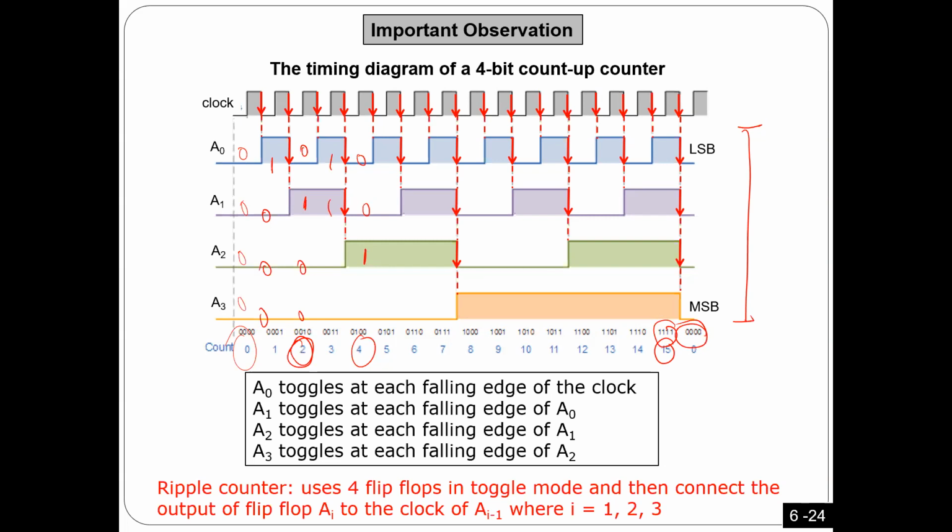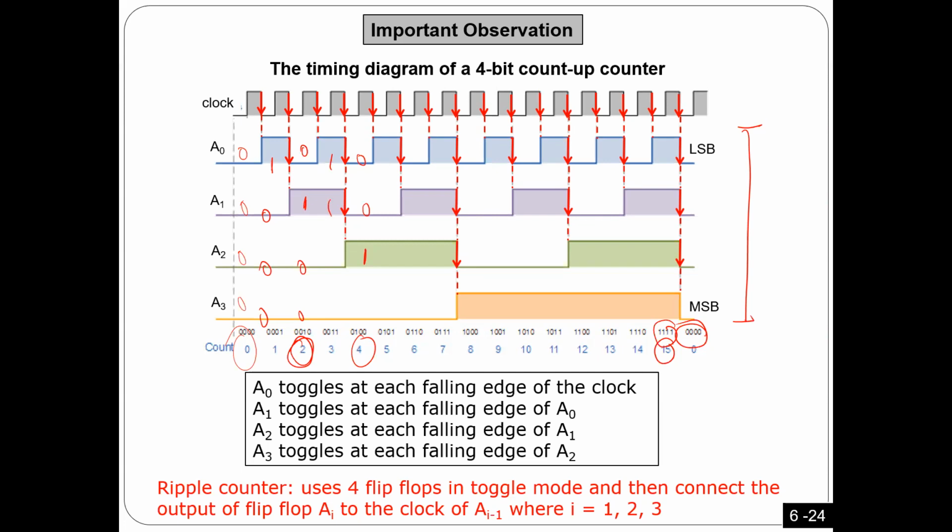Nothing is new here: if this is a counter, it has to behave this way, because every clock you get a new number. Number 0, number 1 for one clock, number 2 for one clock, number 3, 4, 5, 6, 7 until 15. After 15, I get 0 again, because this is 4-bit. In the case of 4 bits, you can count from 0 to 15. If it is 5 bits, you can count from 0 until 31, and so on.